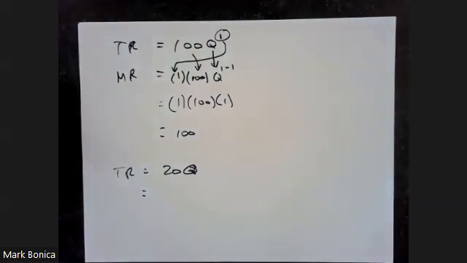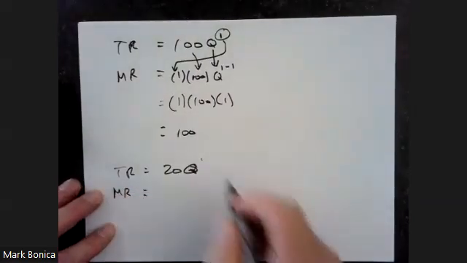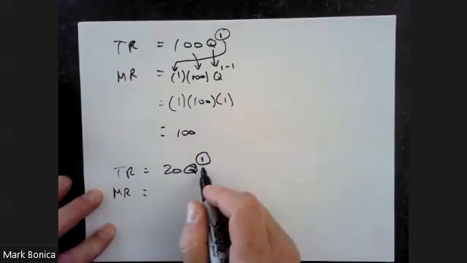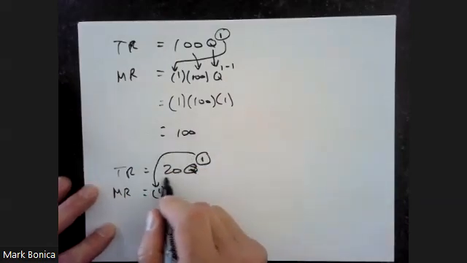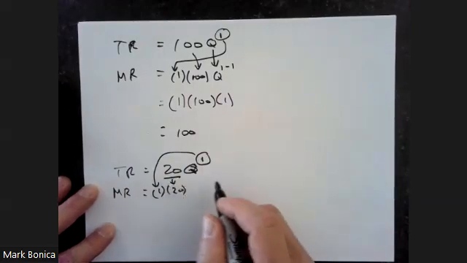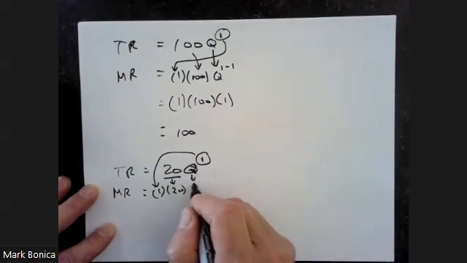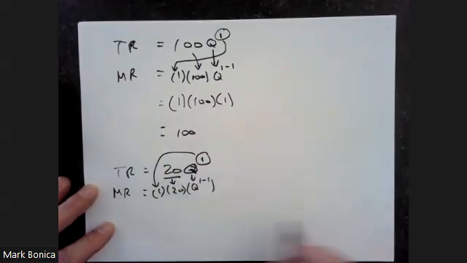What do I know? Q is sitting there as itself, so it is actually Q to the 1. I want the marginal revenue. I grab the 1, bring it down. Then I grab the coefficient and bring it down. Then I bring down the variable, but I subtract 1 from its exponent.